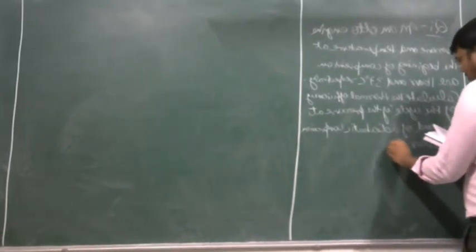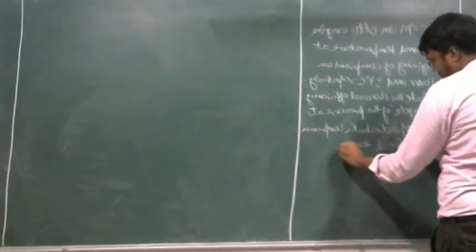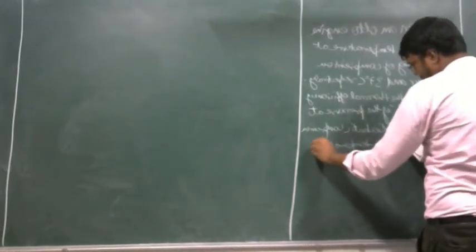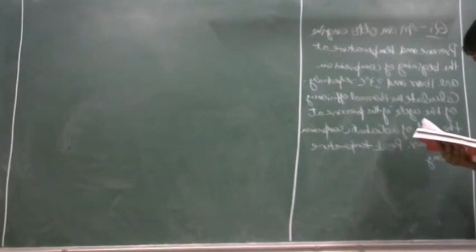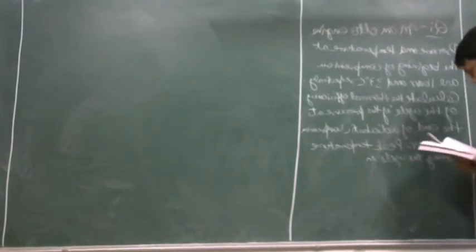Peak temperature during the cycle is 2000 Kelvin.